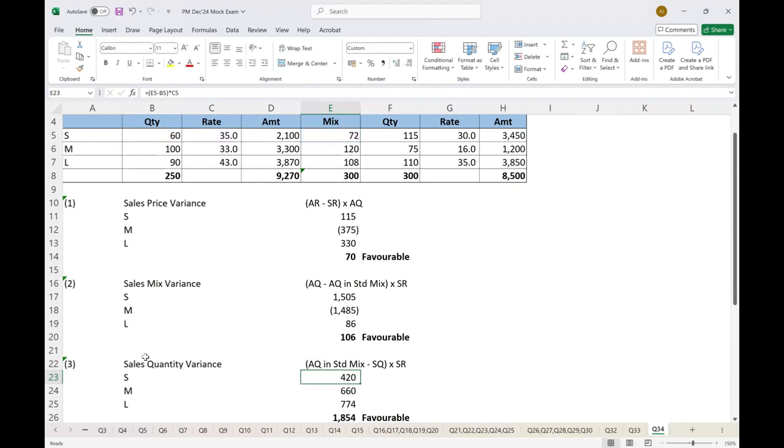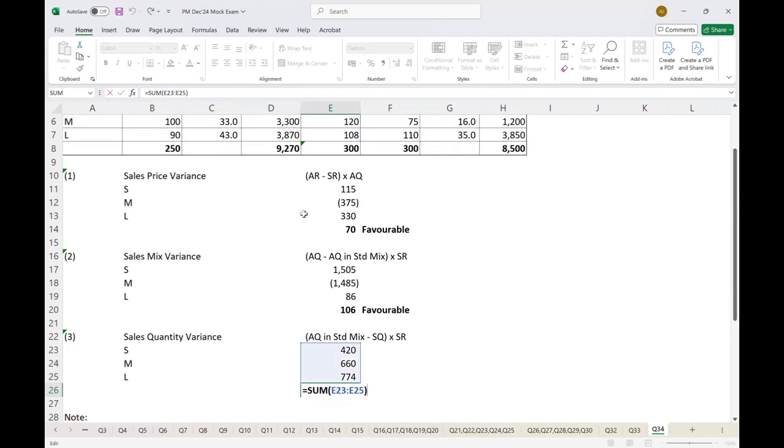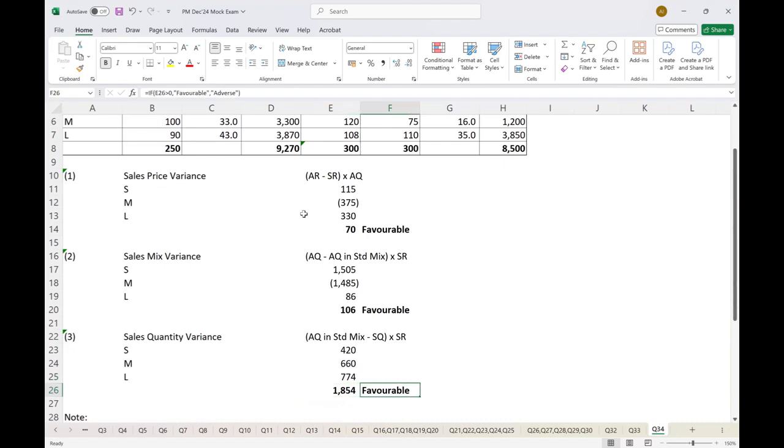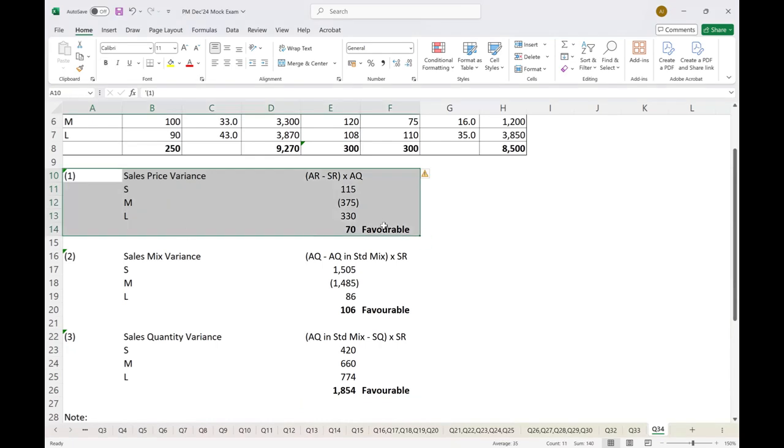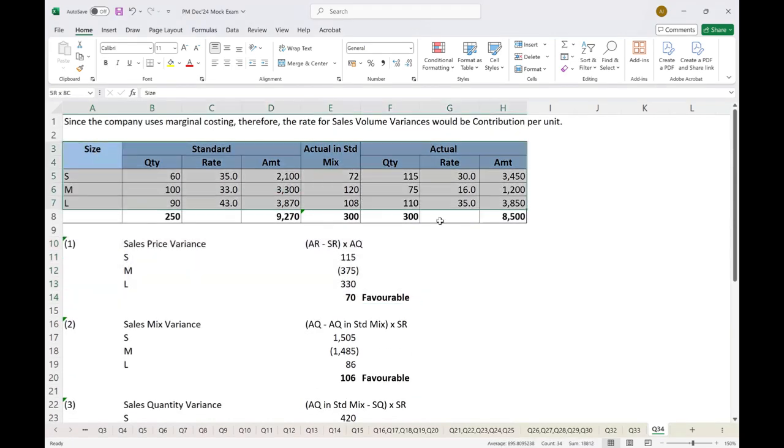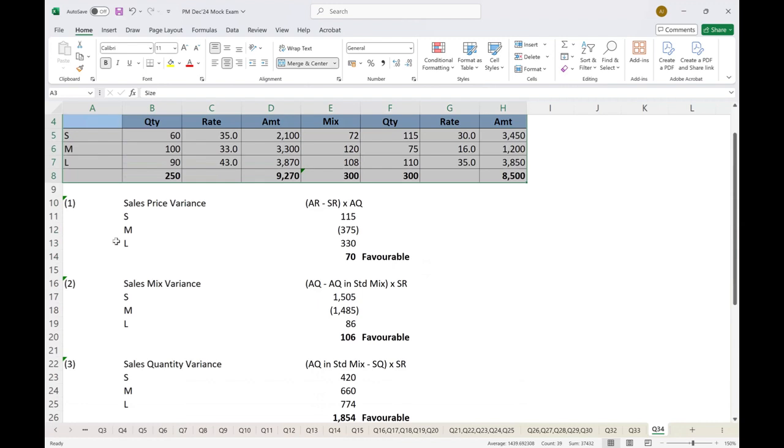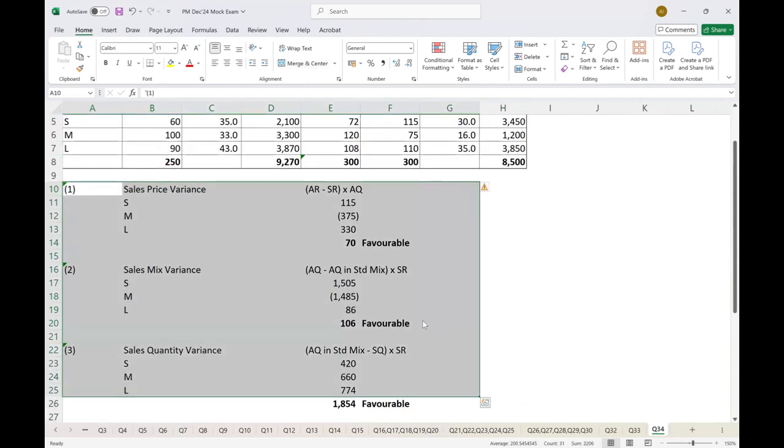You multiply with the standard rate for both mix and quantity variance. 120 minus 100 into 33. 108 minus 90 into 43. And if you sum it up, you get 1854 positive. Therefore, there is a favorable variance. And that, my friends, gives you a total of 9 marks, as each of these variances carries 3 marks. And just because you prepared the table, you were able to solve all these so easily.